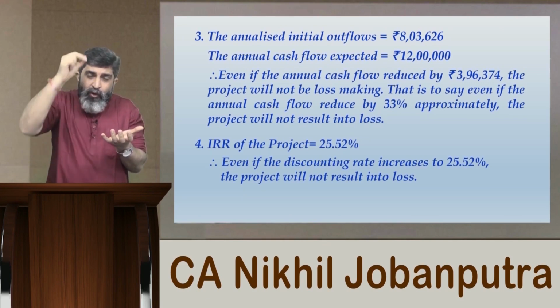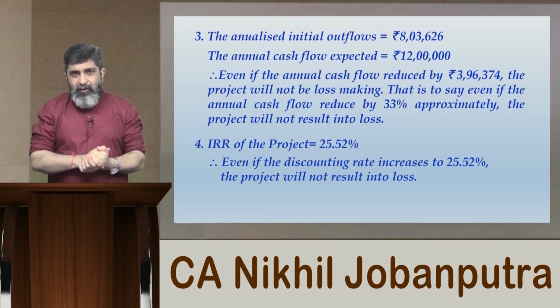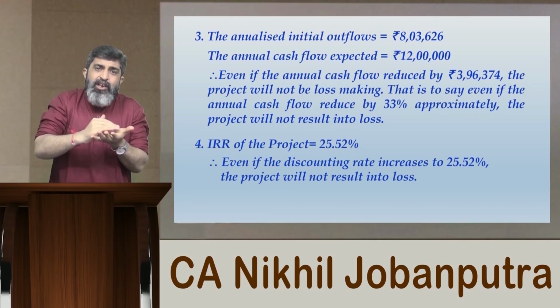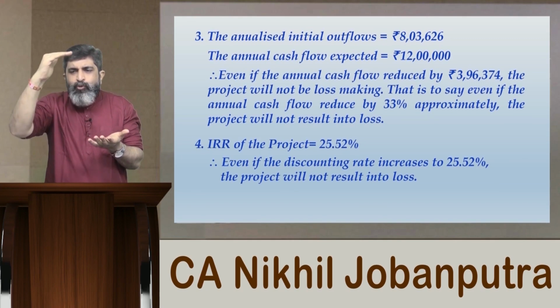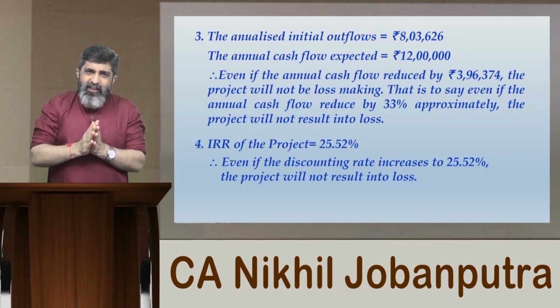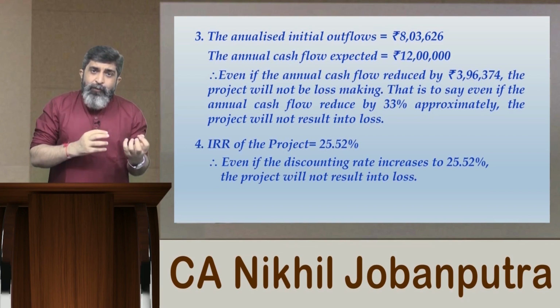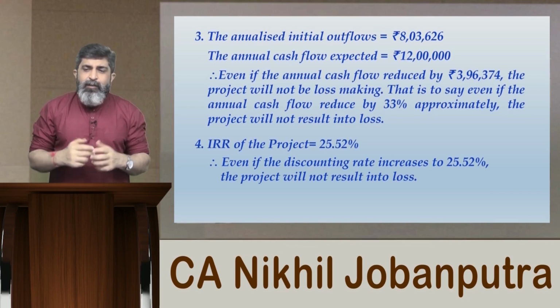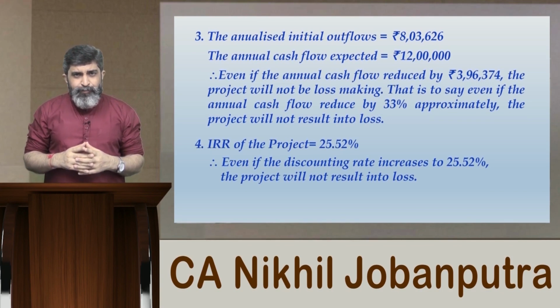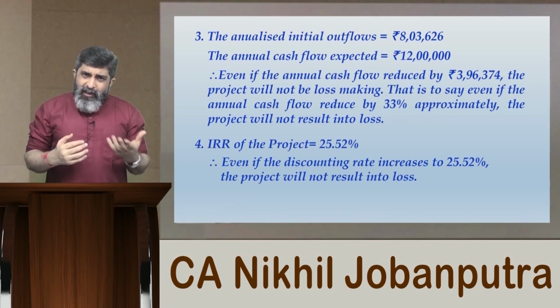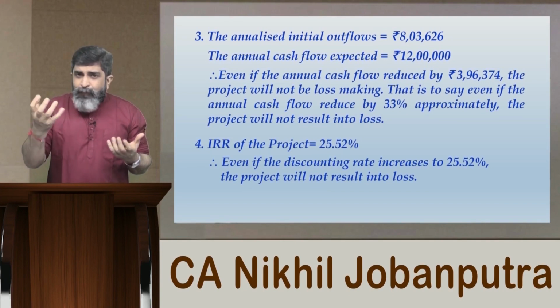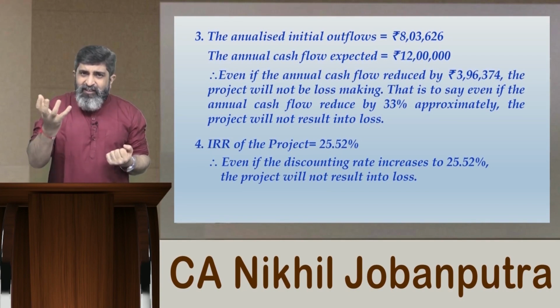If your inflow goes below that, then you are in trouble. So you can tolerate the reduction in your inflow from 12 lakhs to 8,03,626, because your annualized amount of PV of outflow is 8,03,626. Similarly, with respect to the life of the project, which is 6 years.